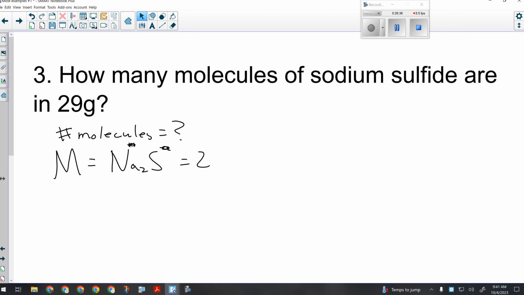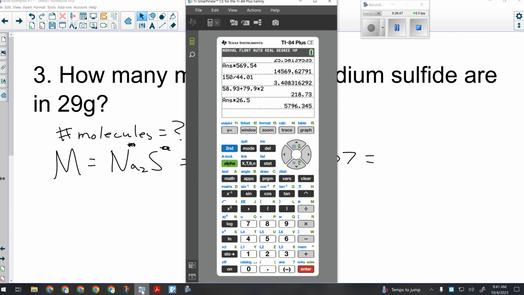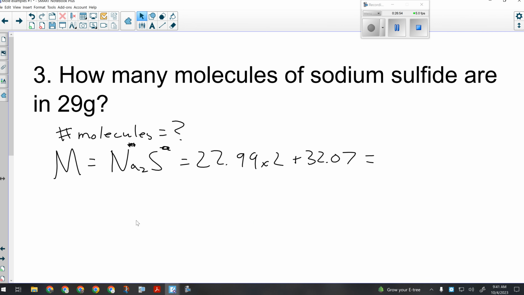That'll be 22.99 times 2 plus 32.07, for the single sulfur atom that we have there. So 22.99 times 2 plus 32.07 is 78.05 grams per mole for our molar mass. And they tell me I have 29 grams, which is which variable? Little m.